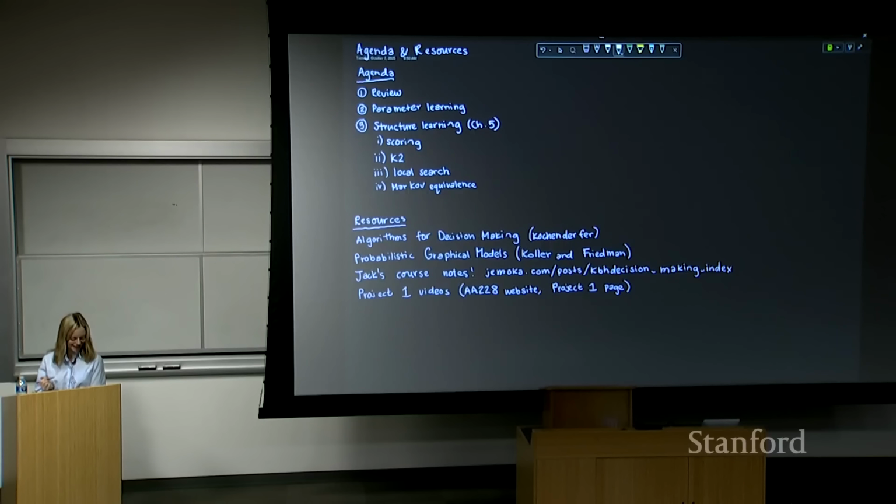So some resources that may be helpful. There's the textbook, Algorithms for Decision Making, and this will most closely follow the lecture. I'll also be writing headings that have the sections of the book that correspond to what I'm talking about. If you want to go more in depth on Bayesian networks or other graphical models, I highly recommend the Koller and Friedman textbook.